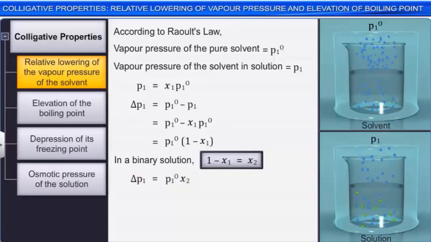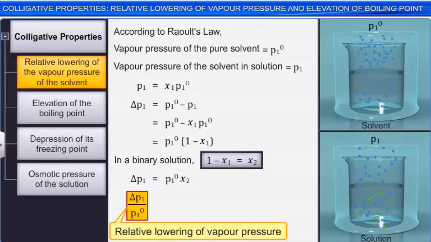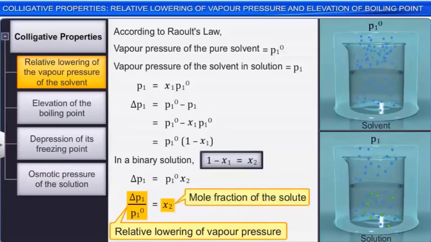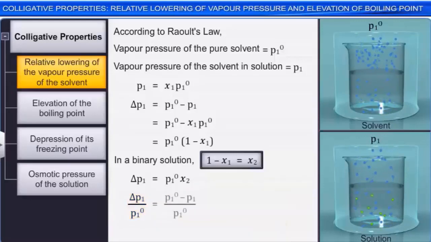The lowering of vapor pressure relative to the vapor pressure of pure solvent is called relative lowering of vapor pressure. Therefore, relative lowering in vapor pressure, delta P1 divided by P1 naught, is equal to X2, the mole fraction of the solute. In other words, P1 naught minus P1 divided by P1 naught is equal to X2.